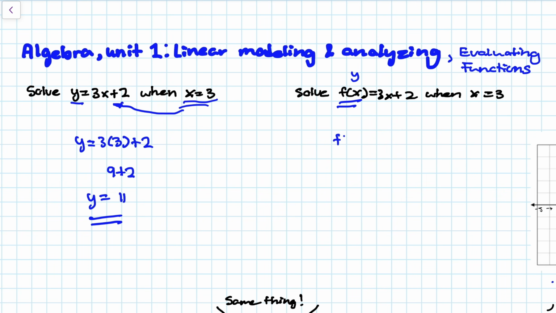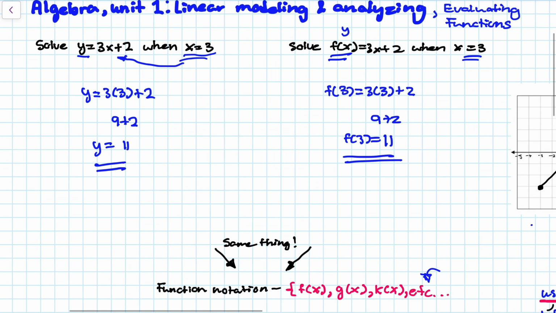And for x you can plug in the 3, so 3x becomes 3 times 3 plus 2. So 3 times 3 is going to be 9 plus 2, and f of 3 is going to equal 11. And that's going to be your final answer. Notice how they have the same answer. So basically they mean the same exact thing.